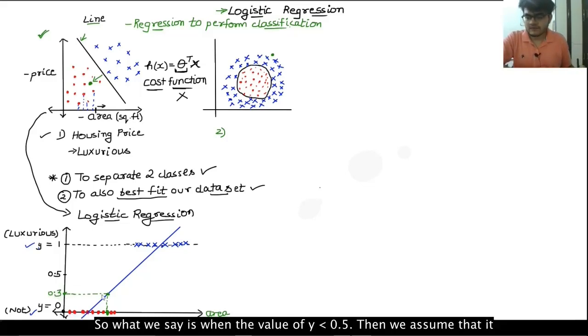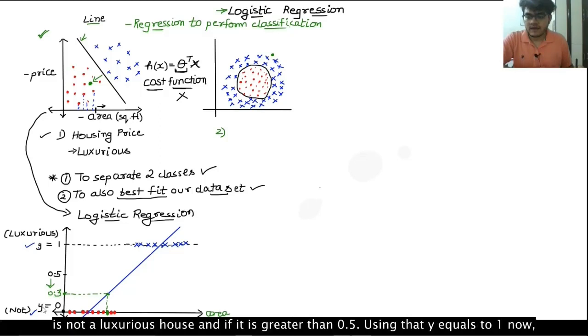So what we say is, when the value of y is lesser than 0.5, then we assume that it is not a luxurious house, and if it is greater than 0.5, we assume that y equals 1.